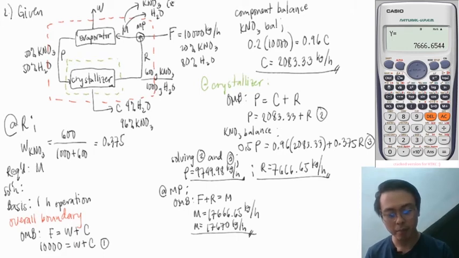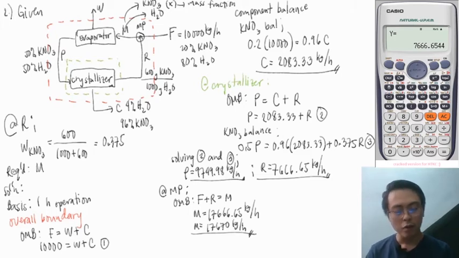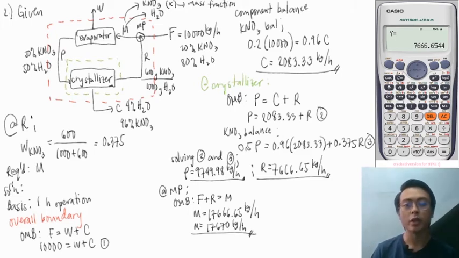Let's use X as the mass fraction of potassium nitrate in M. And for water, you can represent it as Y, but you would have too many variables.